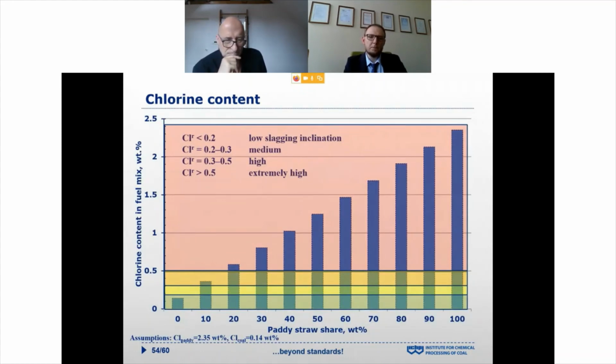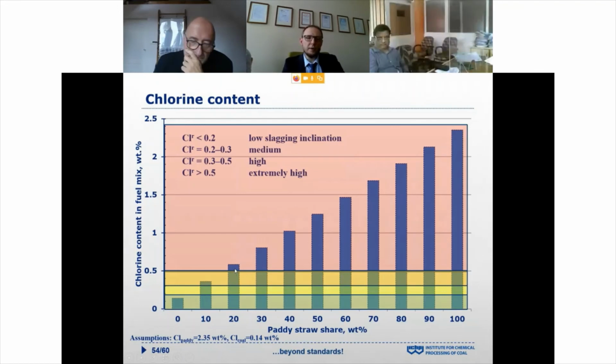If we consider paddy straw co-firing, you can see the paddy straw share here. The assumption is that the chlorine in paddy is 2.3. The chlorine content in coal on average is 0.14. So if we increase the paddy more than 20%, we are in an extremely critical region. Then slagging occurs.